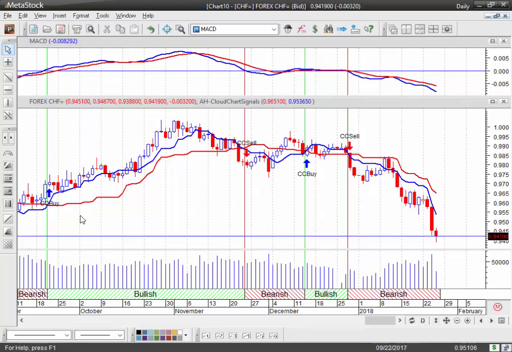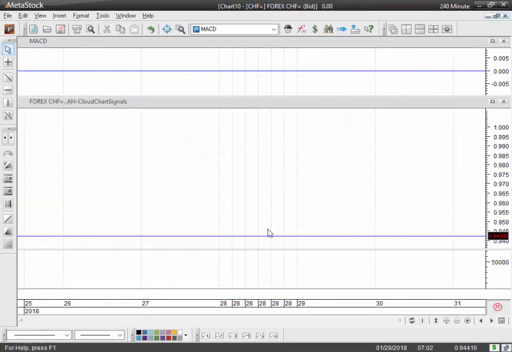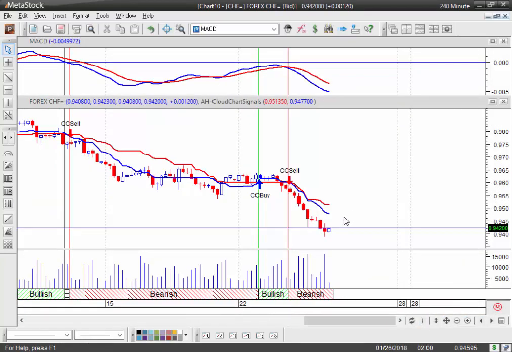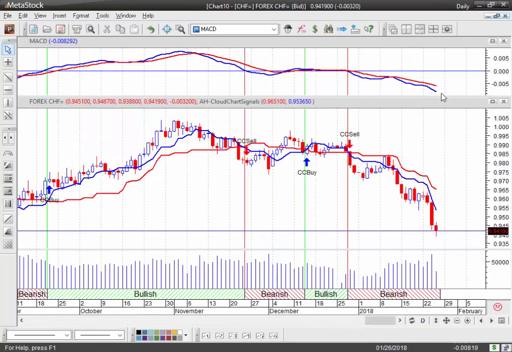But so far struggling to find support in and around those levels. Looking at the 240-minute, 4-hour chart, still not seeing a lot of support coming in at this level. So this is really fighting hard for support at this level. But watching closely for the MACD to see if we get a buy signal in and around those levels.